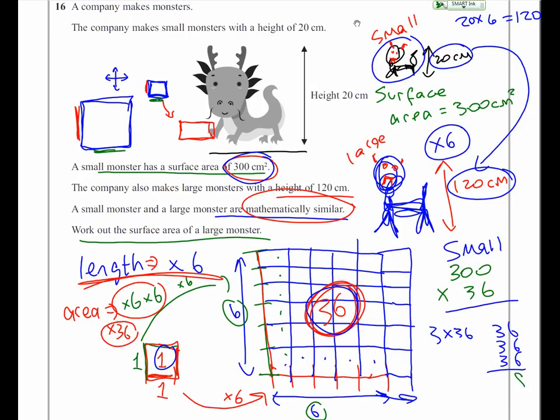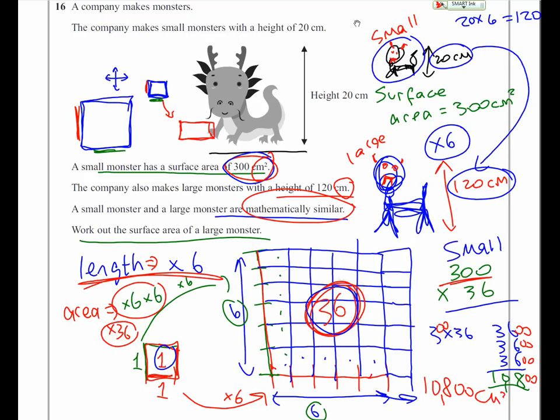This first unit's row adds up to 18. Tens add up to 9, carry 1. 108. But it wasn't 3 we started with, it was 300. So add a couple of zeros in the mix, and you get 10,800, and it's centimeters squared.